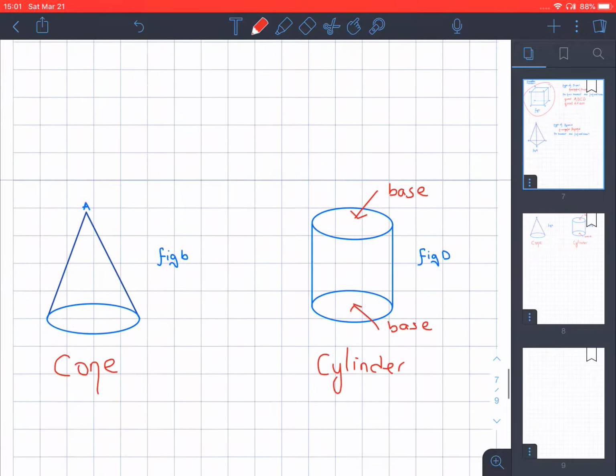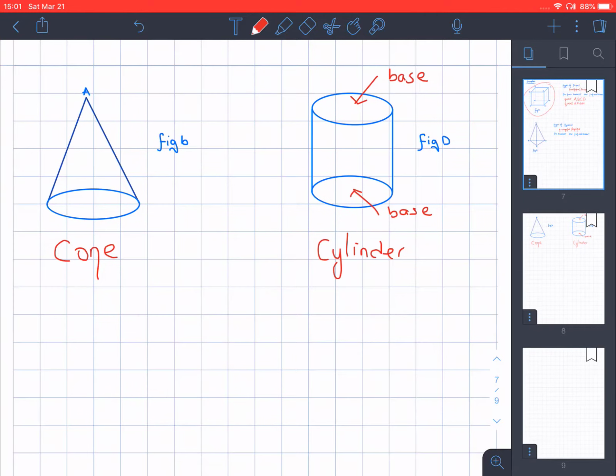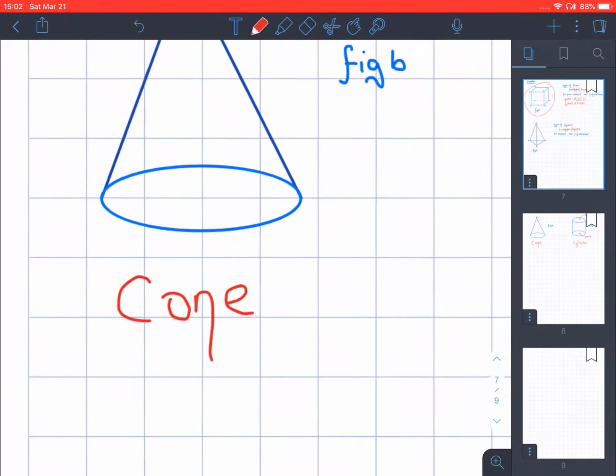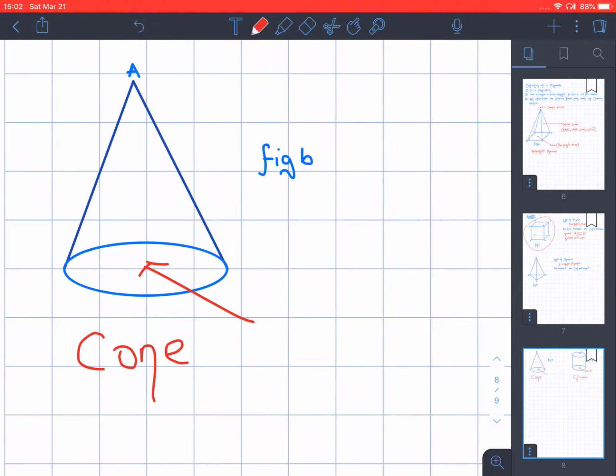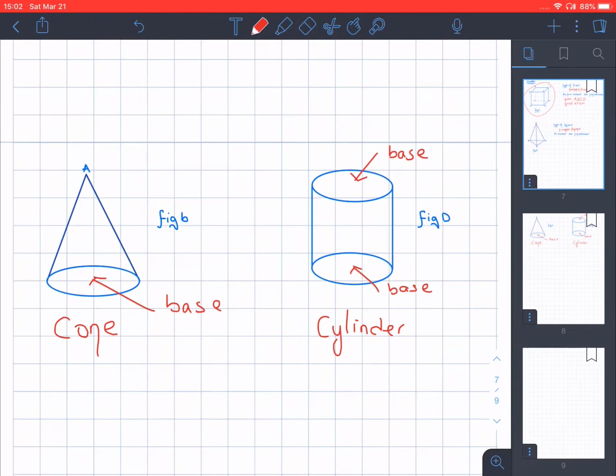So even though we can't call it a polyhedron or a prism, we can still acknowledge that it has two bases. In the same way for the cone, we can acknowledge that it has a common vertex up top, and a flat circle at the bottom, which we can call a base. So just something to think about. Even though these two are not polyhedrons, they have some similarities.